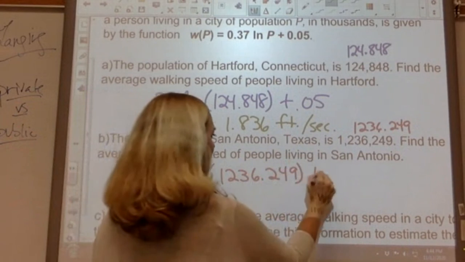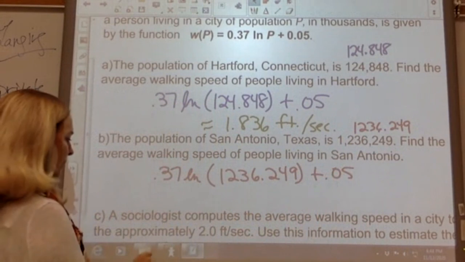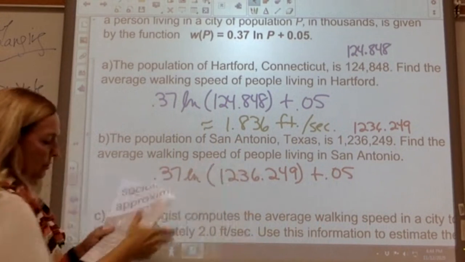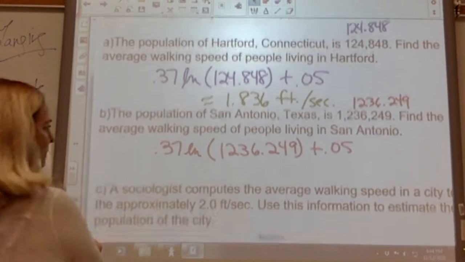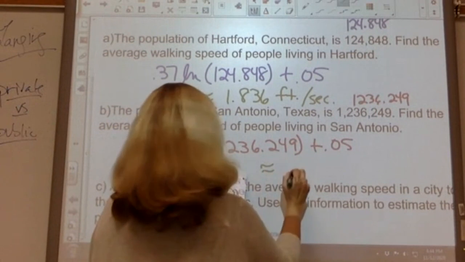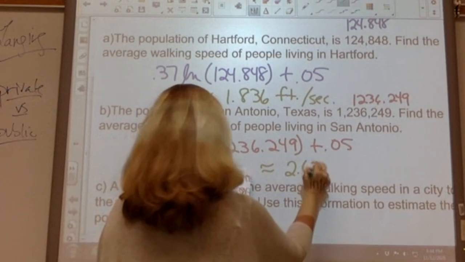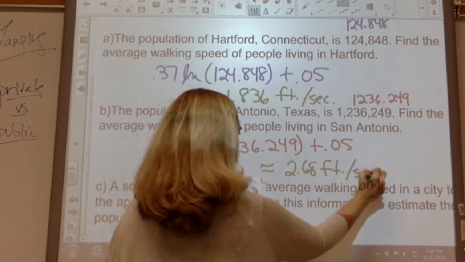And then plus 0.05, you would think that would be much. So then I put this in our calculator, and when you type that in, you should get that this equals 2.68 feet per second.